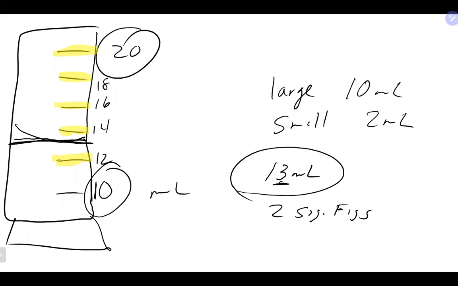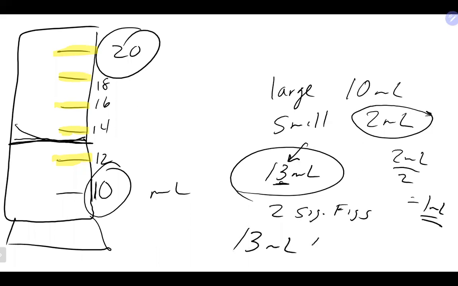We know that also by taking our tolerance here, or our uncertainty, by taking our smallest markings and dividing by 2, and we end up with 1 milliliter, which is what we took the reading to. So this would be something like 13 milliliters plus or minus 1 milliliter.